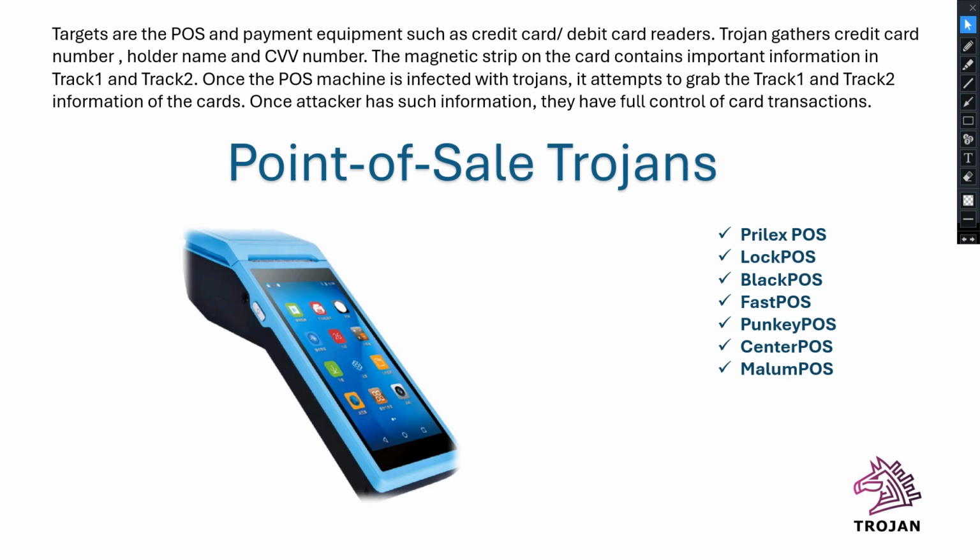Here you might have a thought like, okay, this is just the names of Trojans, the examples of Trojans like point of sale Trojans. We have Prelax POS, Lock POS, Black POS. How to hack them? Let me brief you on one thing. Hacking is not a simple task.